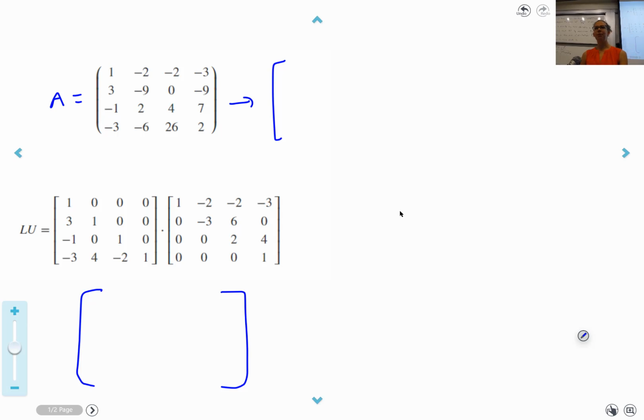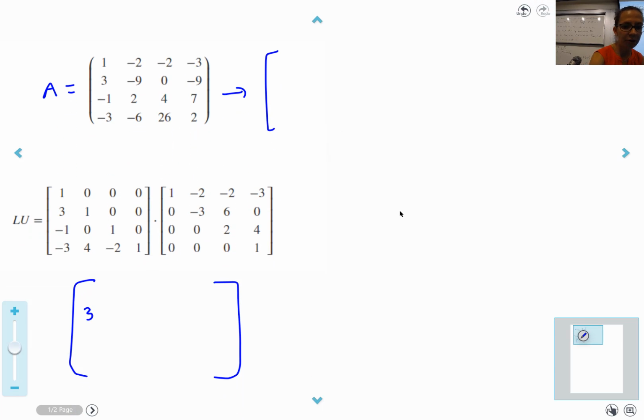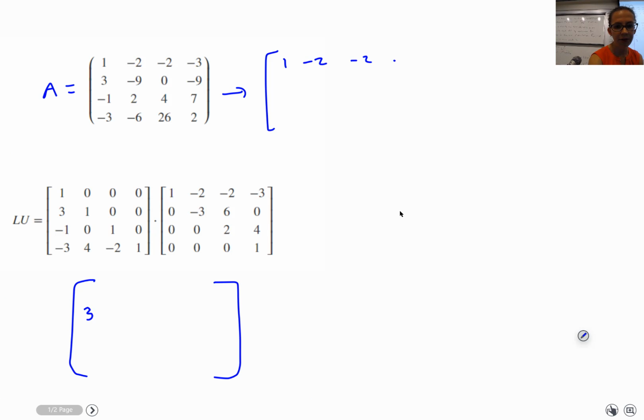This is not something you would typically have done in numerical linear algebra, but we're going to keep track of what we multiply by. I'm going to multiply this first row by 3 and subtract it to zero this guy out. So the first row is not going to change: 1, -2, -2, -3. And our goal is to make that 0.